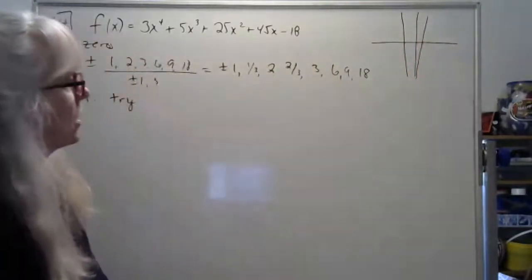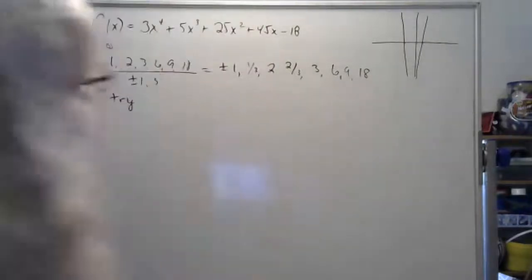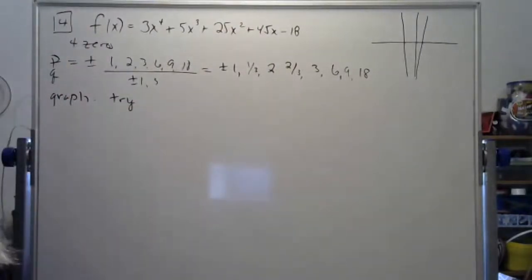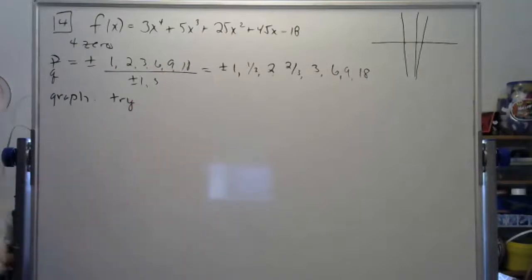Okay, that's really exaggerated, but that's what it looks like. Okay, so comparing my list to our graph, what number should I try first?